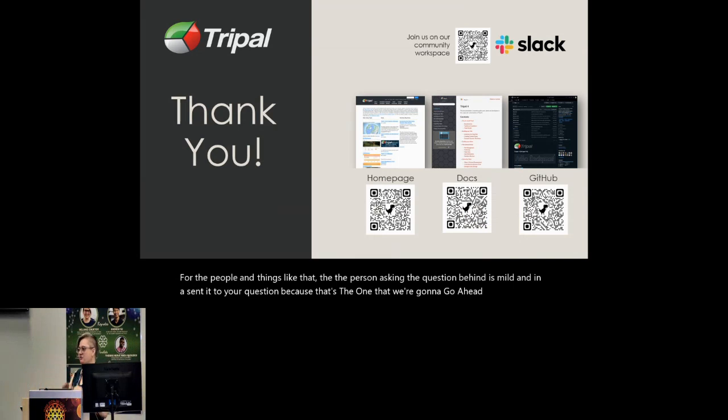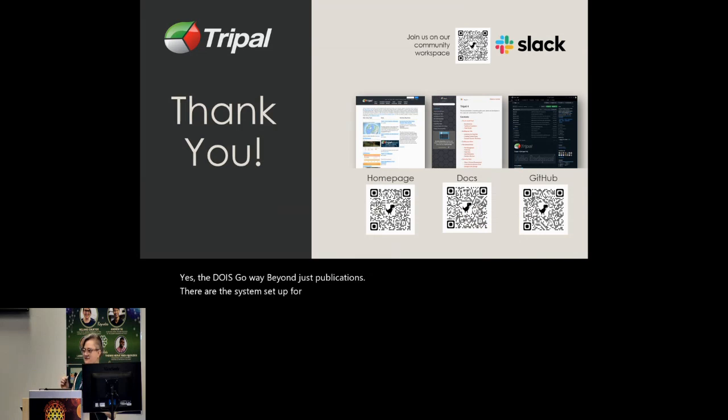Yes, the DOIs go way beyond just publications. The system set up for the DOIs really allows you to enter as much information about where it's going and how it's being used and where the DOI is referencing.